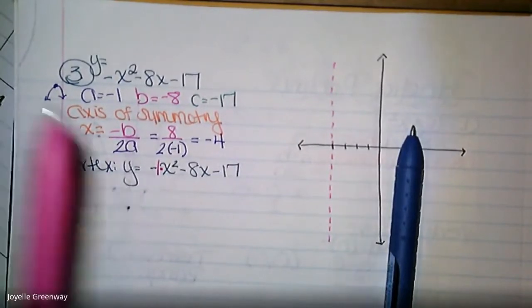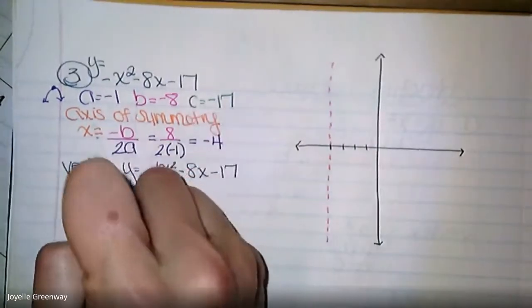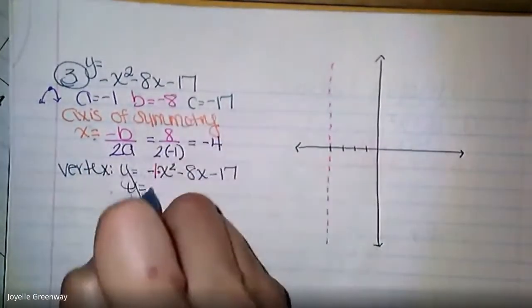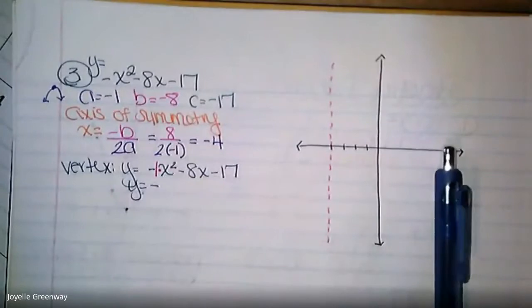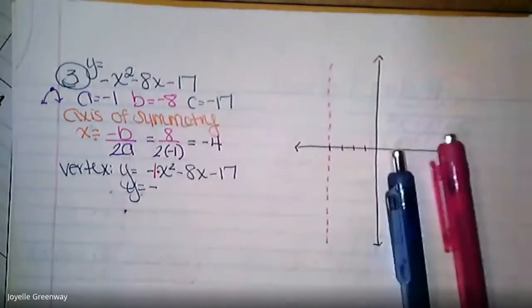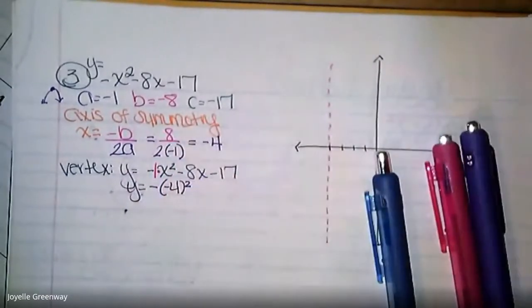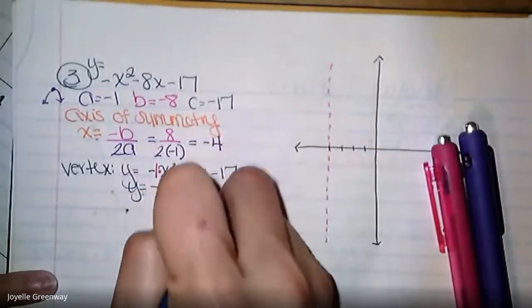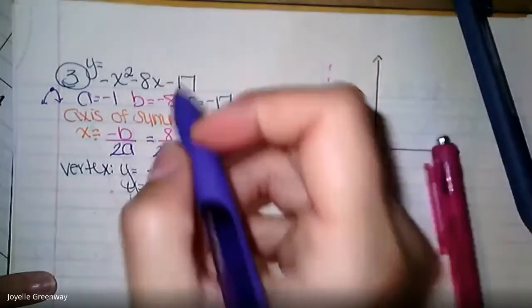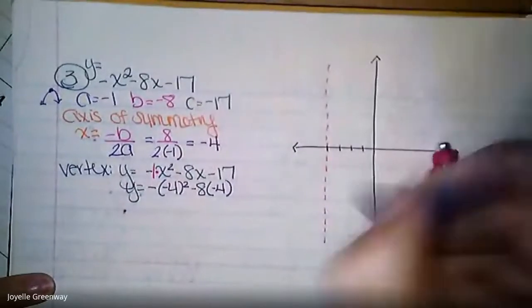This is why, because it's going to throw your whole answer off if you don't do that. So negative parentheses 4 squared, negative 4 squared, minus 8 times negative 4, minus 17.